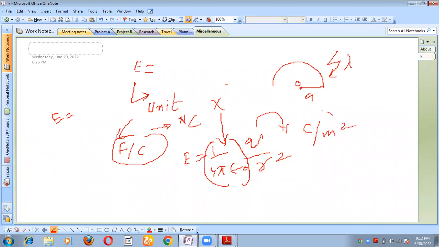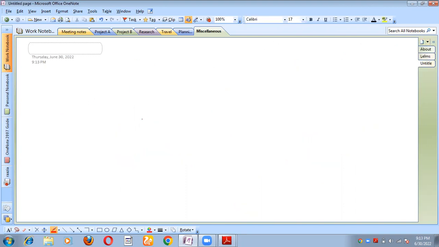Apart from this term, there should be a term containing coulomb per meter square. So using this, we will do the option elimination.